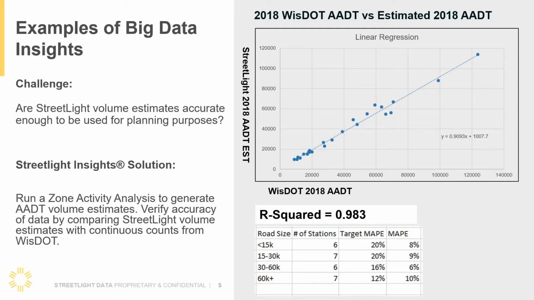The R-squared value of 0.983 shows a really strong correlation between the two. Also, we were impressed by the mean absolute percentage error for each of the volume categories you can see. So for streets with less than 15,000, for instance, the MAPE was about 8%, and from 15 to 30,000, 9%, and so on. So it was another good way of measuring the accuracy of the data.